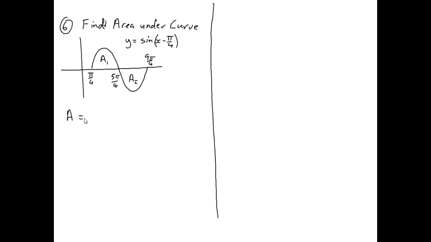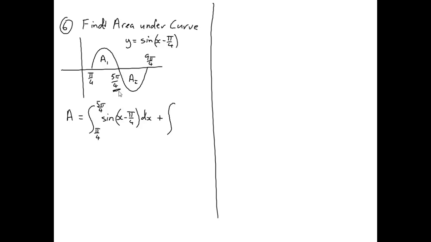So the total area is going to be the area between pi on 4 and 5 pi on 4 of sine(x minus pi on 4) dx, plus, now how do I make this positive? I'm going to put the limits the opposite way.